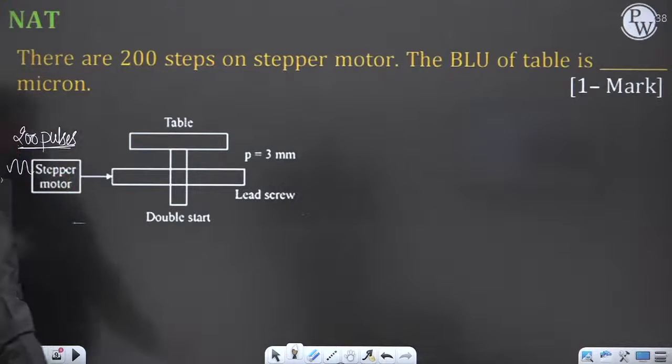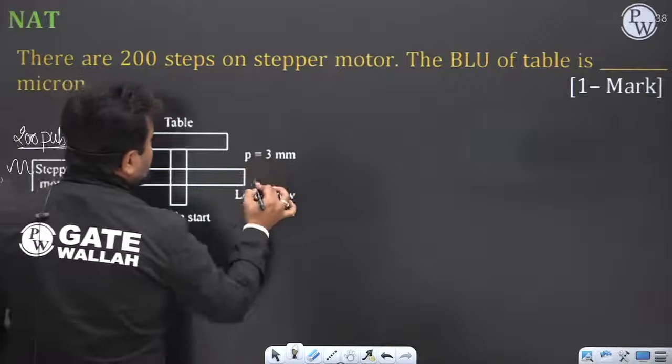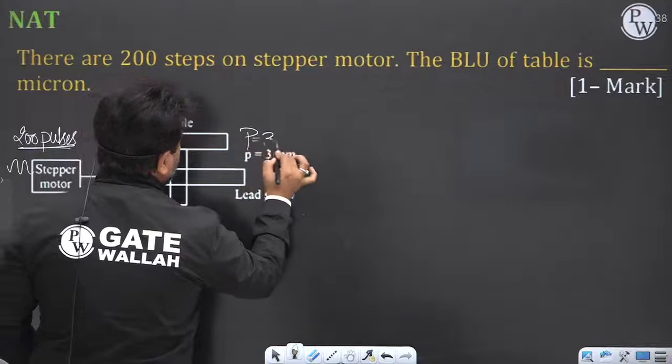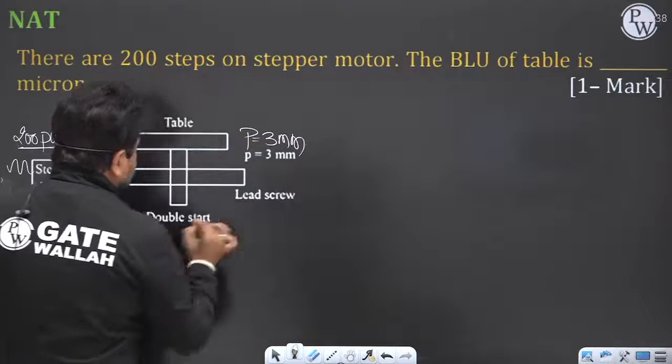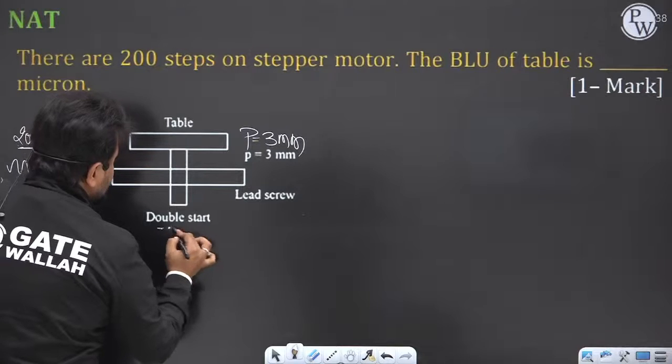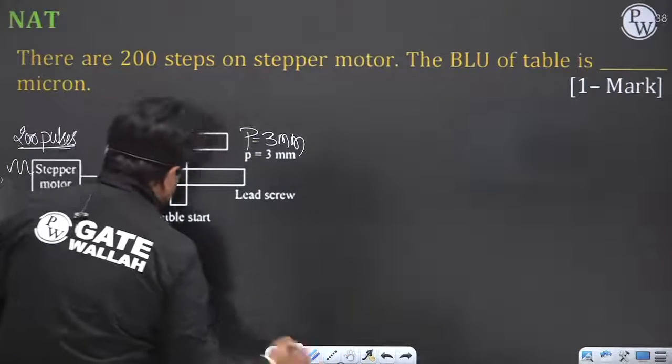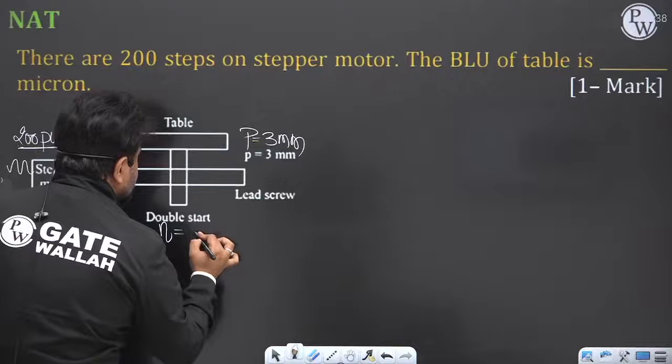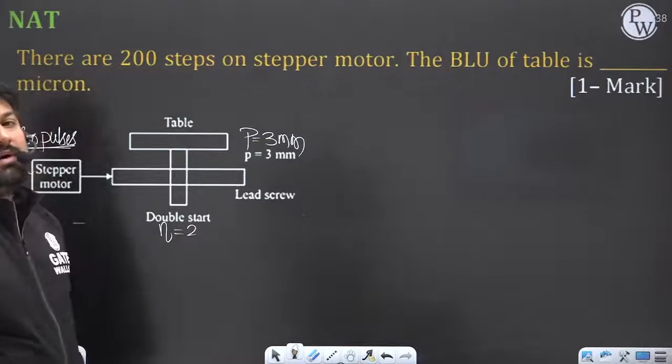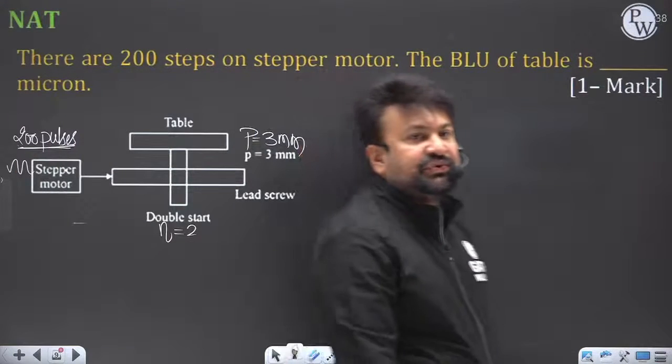Here pitch is given 3 mm. Double start, that is Z, or number of start, that is 2.